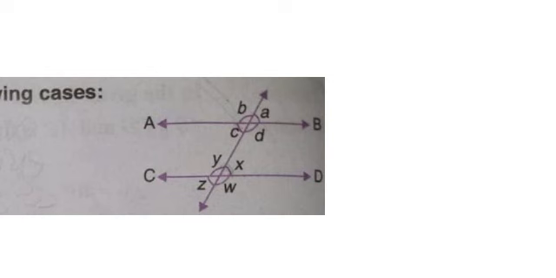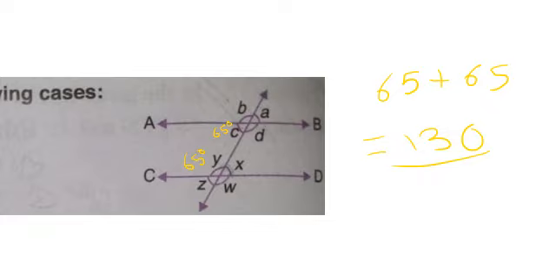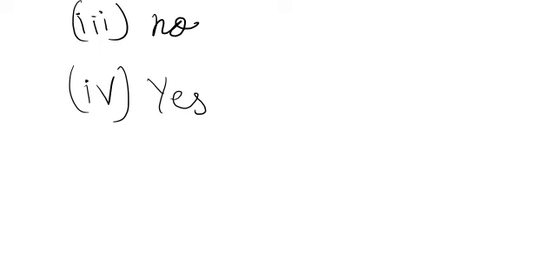Since they are co-interior angles, they should be supplementary. But if you add 65 plus 65, what will we get here? 130. So they are not supplementary. When they are not supplementary, that means our lines are not parallel. So for the fifth one, we'll write the answer as no.